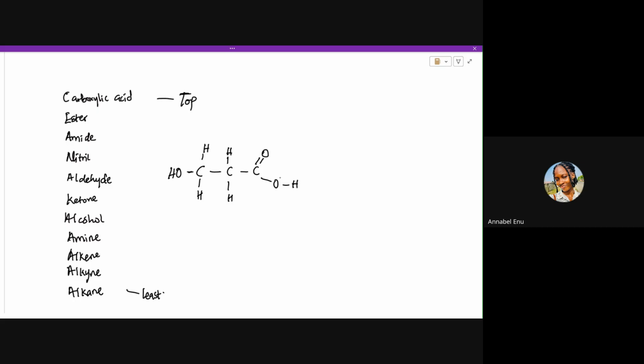Before, let it not seem like we are going too fast, because I'm assuming you've been taught nomenclature, how you name organic compounds. So I don't have to go over the structure for ethane, propane, butane. Am I correct? You know those basics already. If you don't, I want to see a thumbs down.